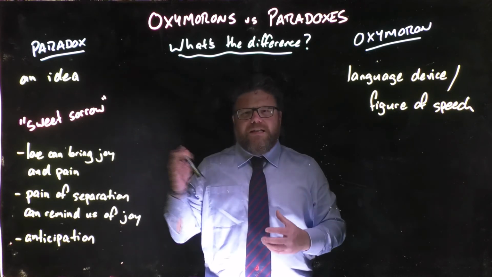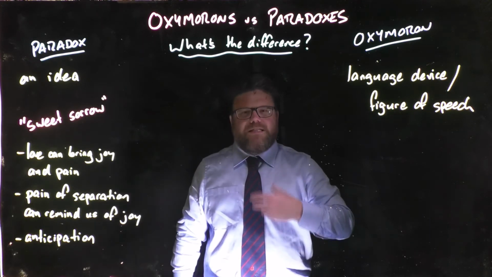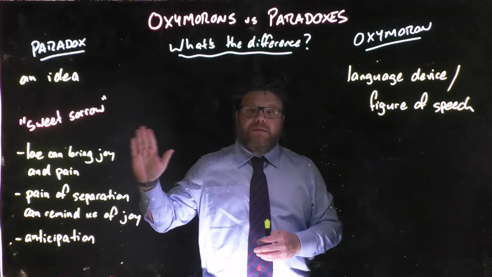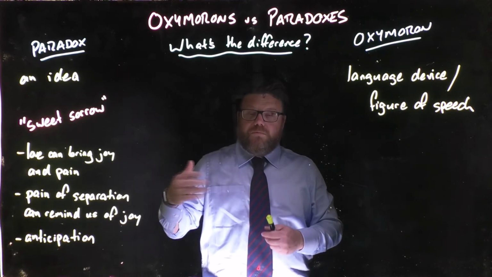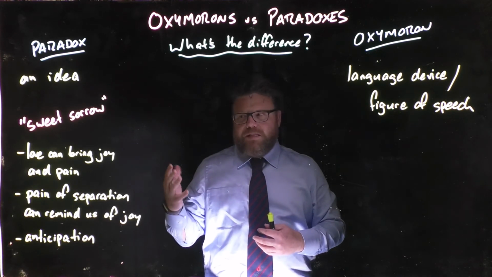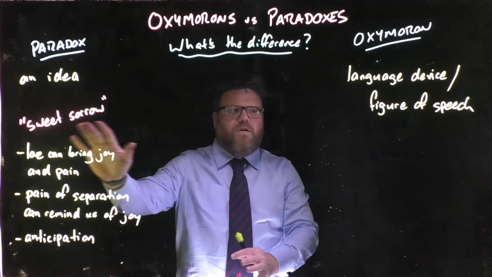So it's this idea that love can bring both joy and pain. It's also that anticipation that you feel. Yes, you're leaving your loved one, but you're anticipating seeing them again. So you're sorry that you're leaving, but you are feeling joy at the idea that you may see them again. So these are the big ideas being expressed by this oxymoron.